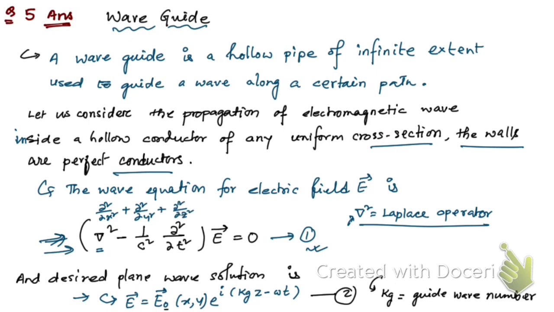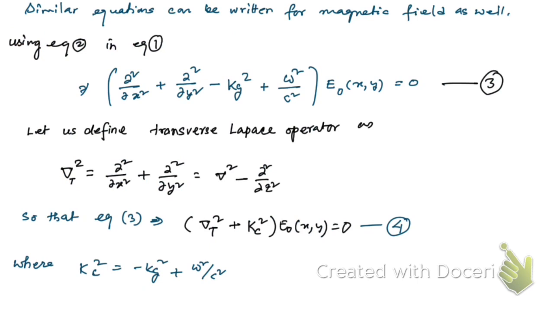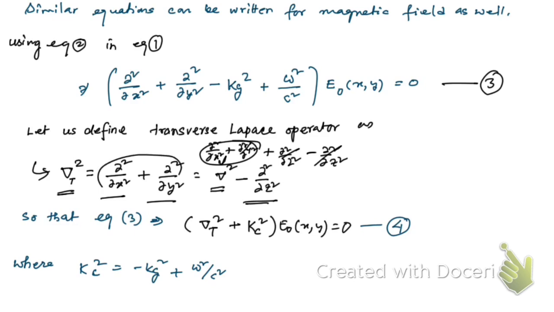Here I have taken the transverse Laplace operator that consists only of these two, which can be written as the Laplace operator del square minus del square by del z square, because the full operator consists of all three: del square by del x square plus del square by del y square plus del square by del z square. If you subtract this, you get this one. I hope you have understood this.